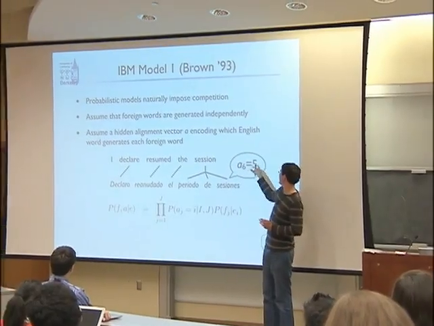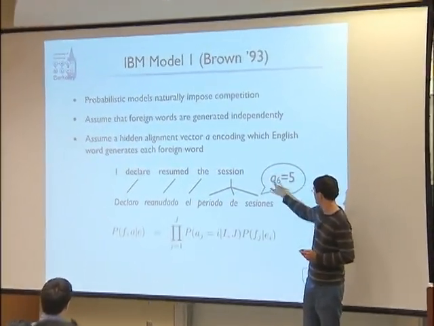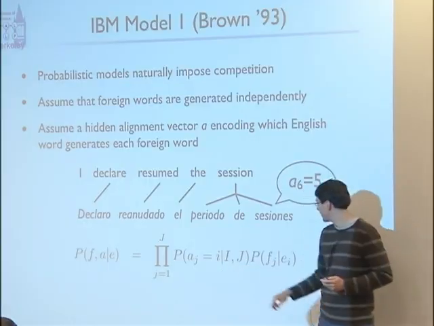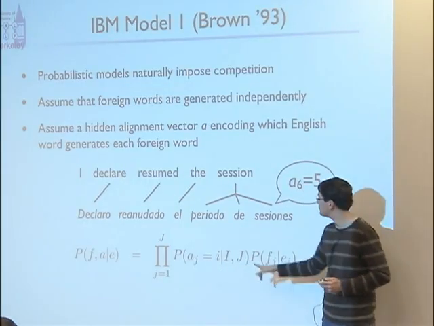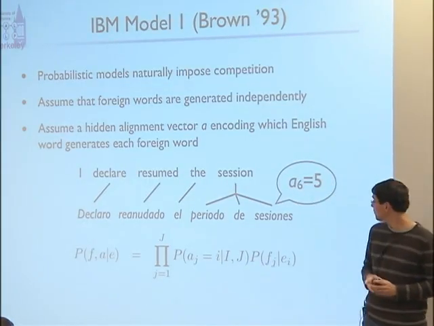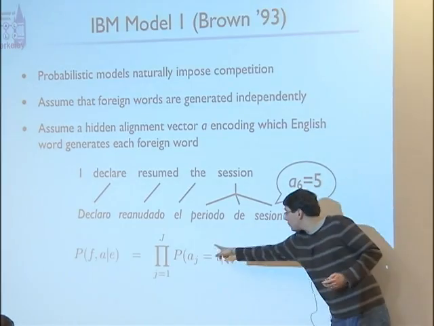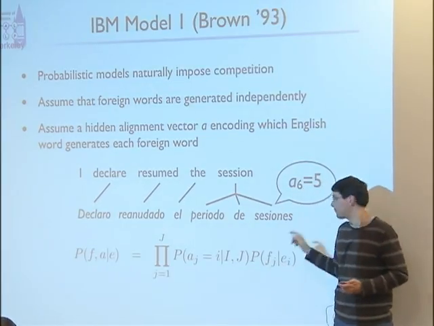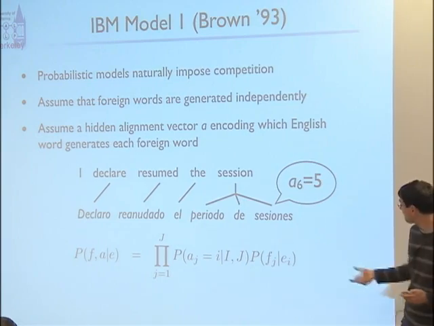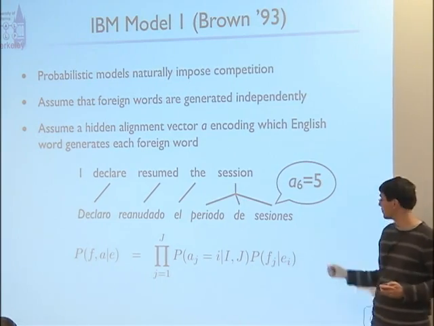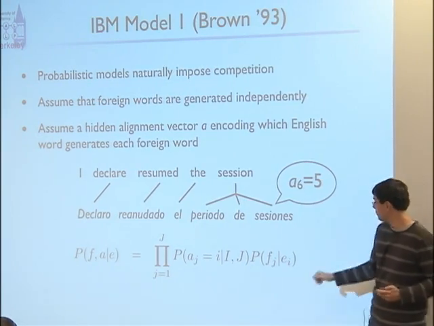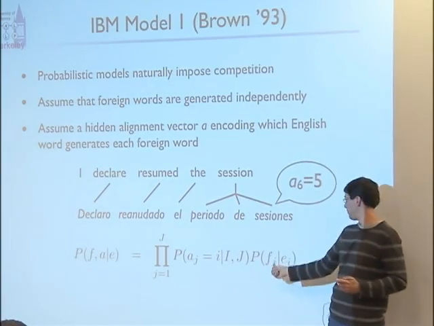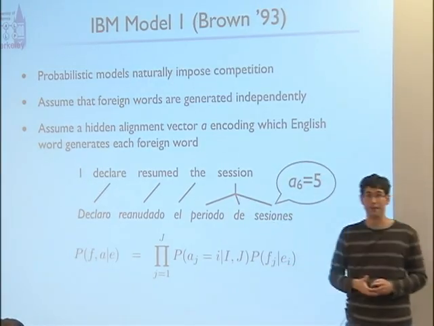What's the probability that I aligned 5 to 6, given the length of the English sentence and the length of the foreign sentence? Those might be important when we're deciding this alignment. But then more importantly, now that we've chosen this alignment, we can say what's the probability that this foreign word was generated from this English word. And now we have multinomial distributions over all words in the language, which say for any English word, like session, what's the probability that any foreign word is generated from it?